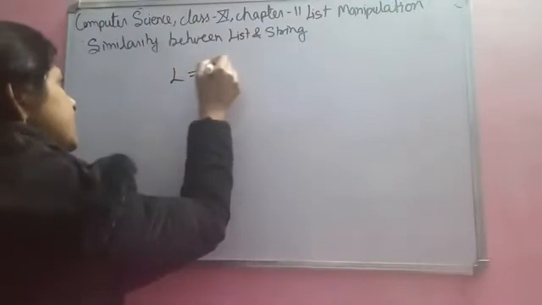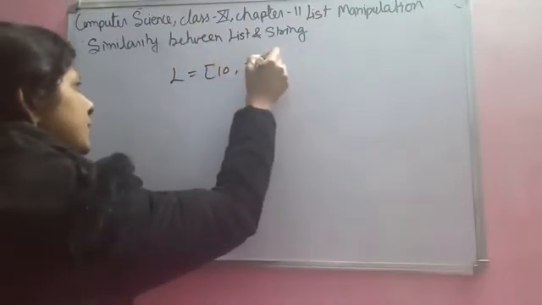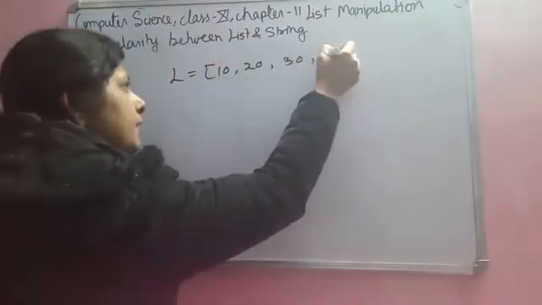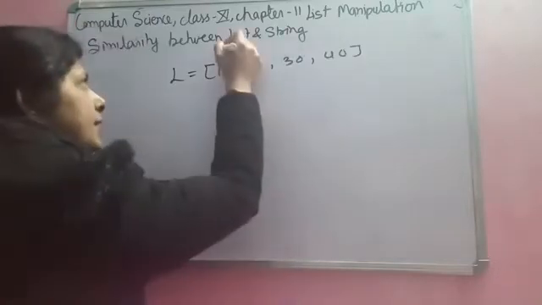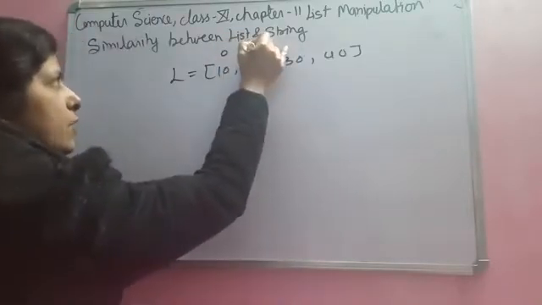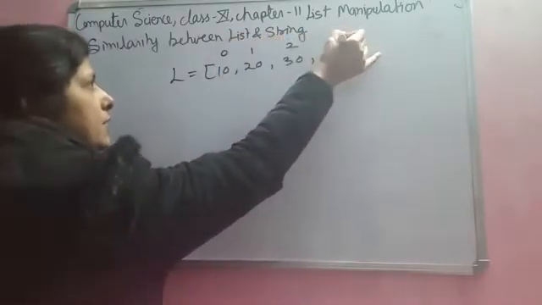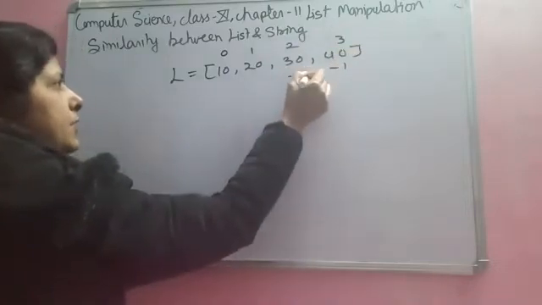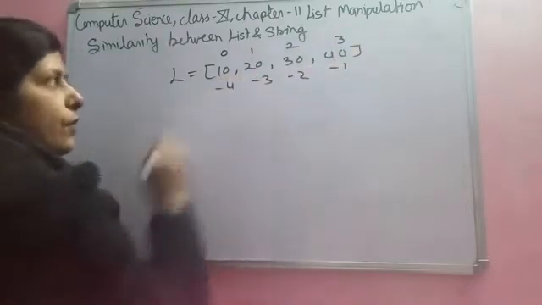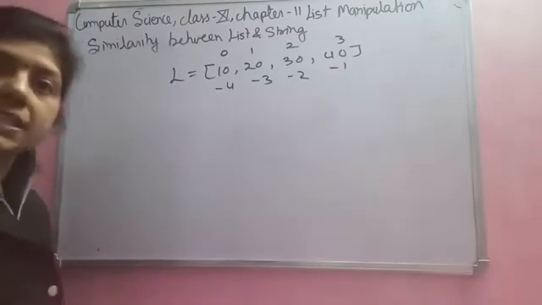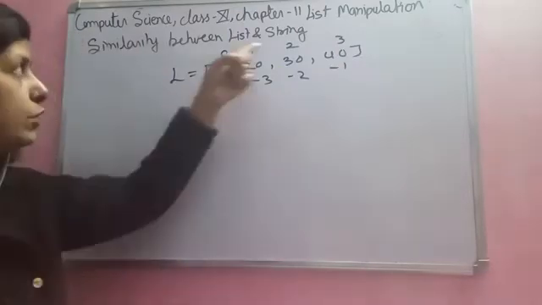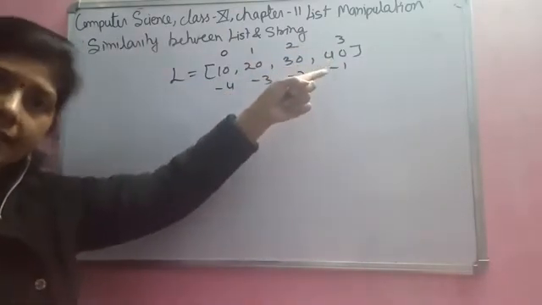जैसे आपका मान लीजिए दिस इज द लिस्ट. L is equal to 10, 20, 30, 40. Now 10 is stored on the 0th index. This is on the first, second, third, -1, -2, -3 and -4. Same as string. List is also stored based on the index.